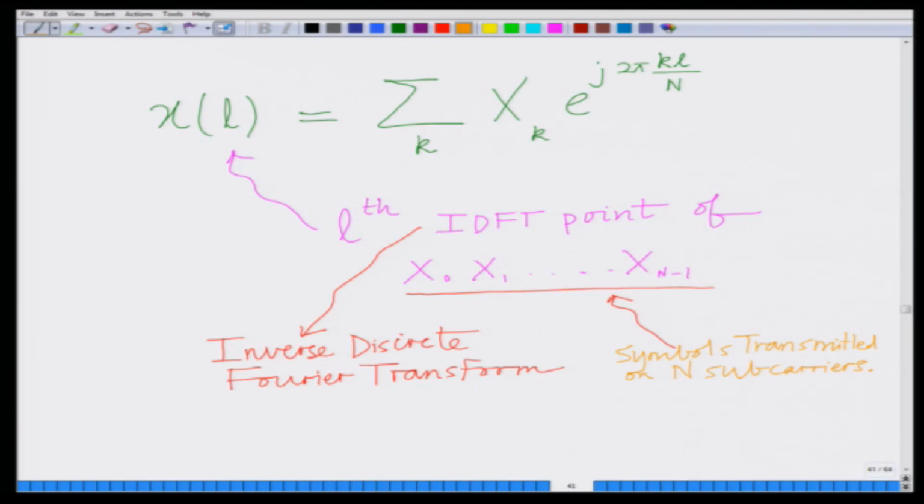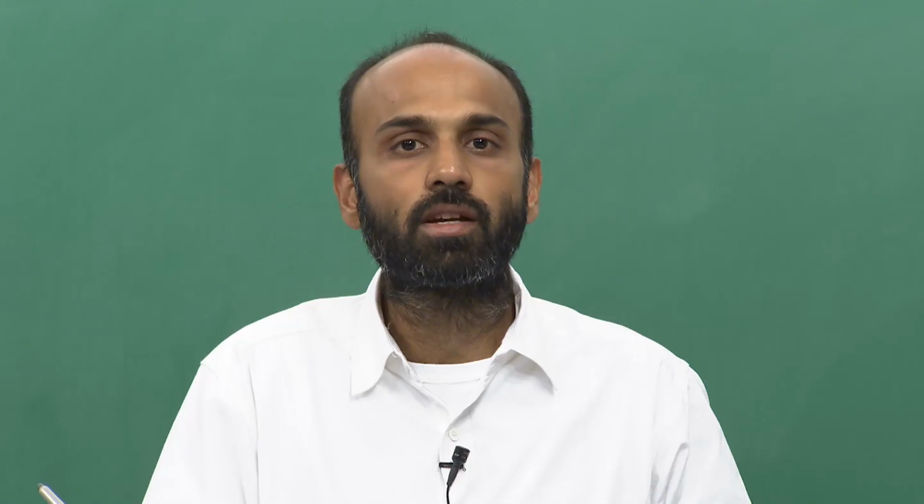So, remember we started out with the problem: the transmit signal is difficult to generate because it requires N subcarriers and therefore N oscillators and N modulators. What we are saying is we do not need this requirement.